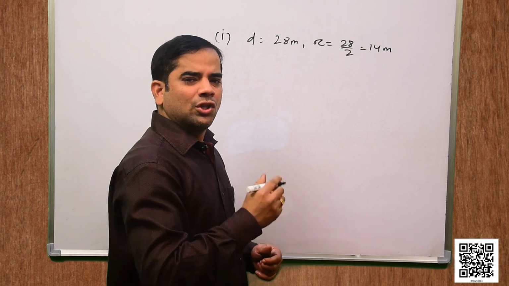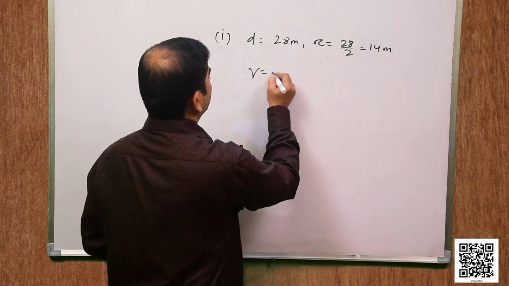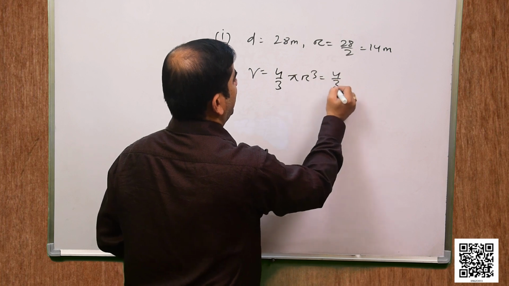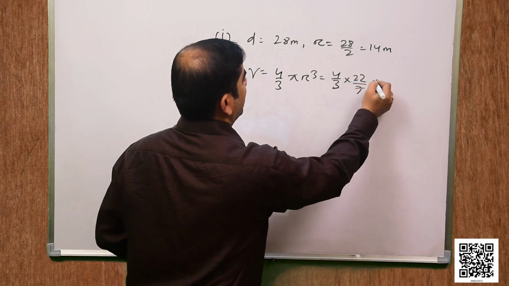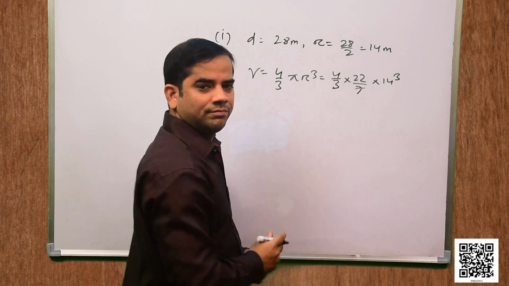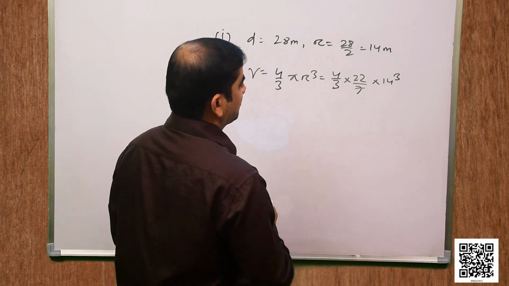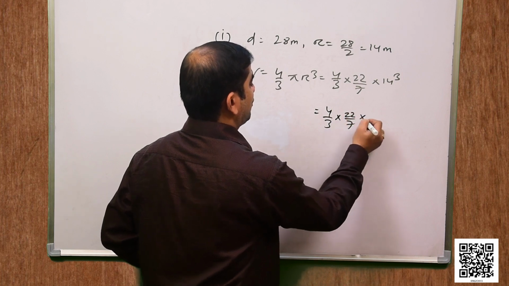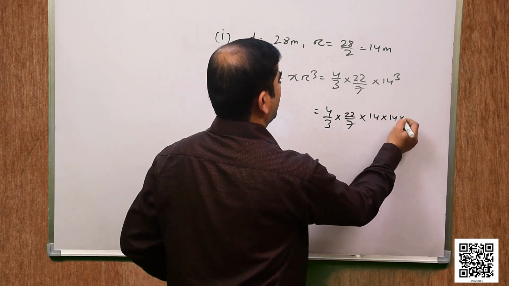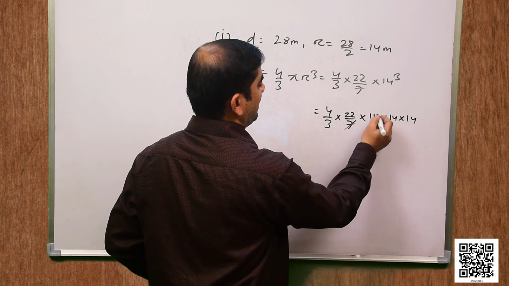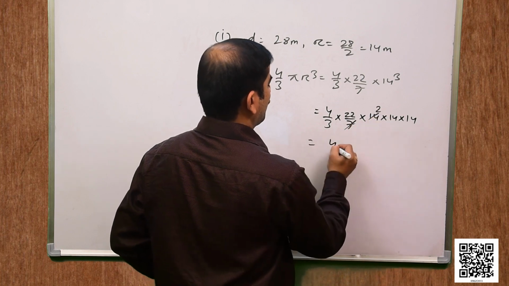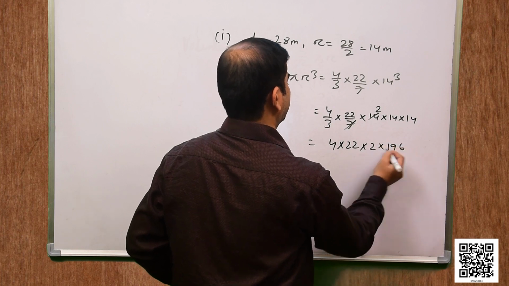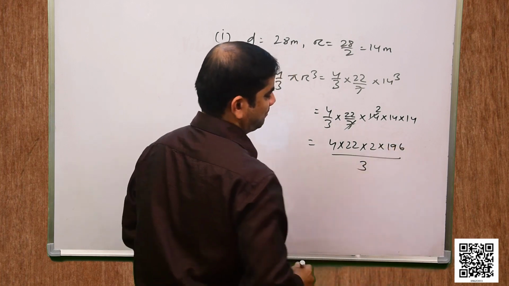So, the volume will be 4 by 3 pi r cube, that is 4 by 3 into 22 by 7 into 14 cube. Students, this comes to 4 by 3 into 22 by 7 into 14 into 14 into 14. So, 7 2s are 14, so 4 into 22 into 2 into 196 divided by 3.